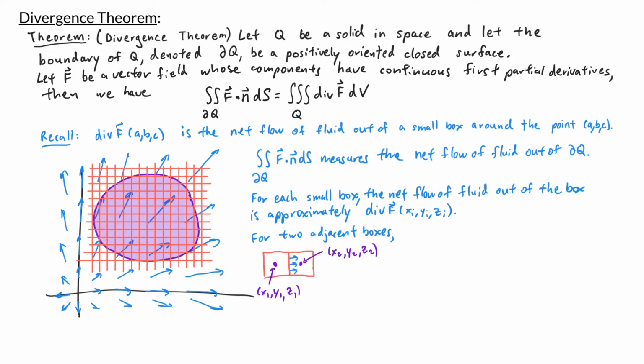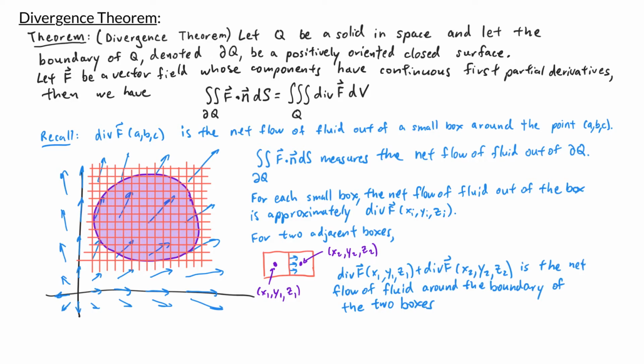However, when I'm calculating the divergence of F at (x2, y2, z2), the flow across this middle edge is going to be some negative quantity because fluid is flowing into the box. Along the middle edge, whatever flows out of the first box flows into the second box. So when we sum up the 2 divergences, the flow along that middle edge cancels out.